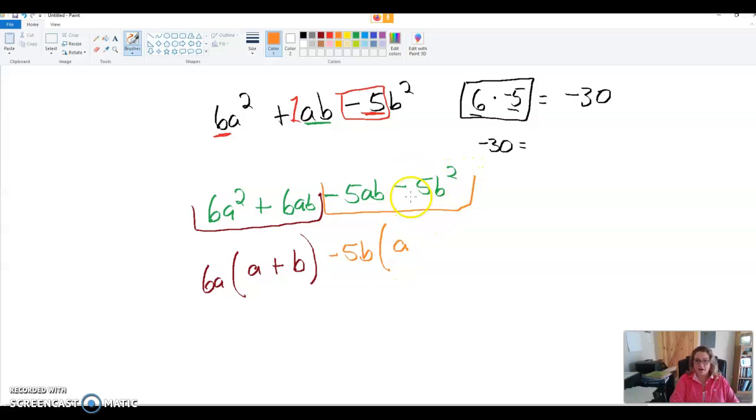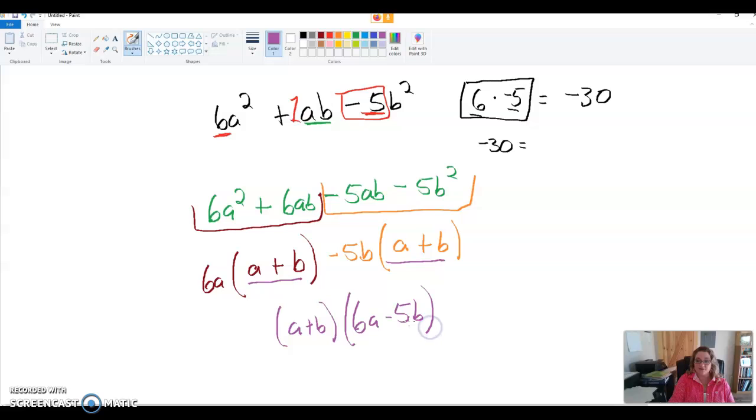Negative 5b squared divided by a negative 5b is going to give me a positive b. I can see that this binomial is the same, so I can factor out my a plus b, leaving me with 6a minus 5b, and I have successfully factored my trinomial.